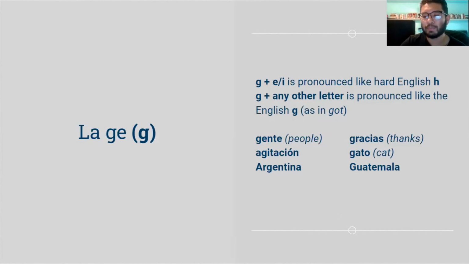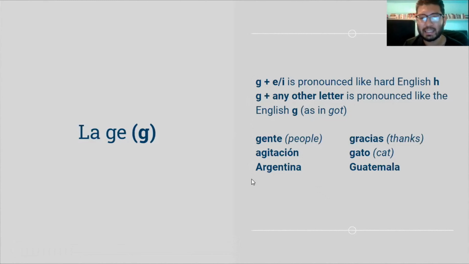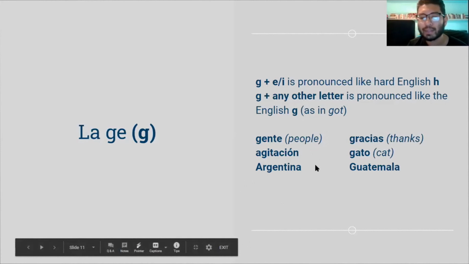So that's it for the letter G. Of course, there are many other examples of words that have this letter, but the two main rules that we need to follow are that if we have G next to E or I, we pronounce it as the English H. If we have G next to any other letter, we pronounce it as one variant of the English G, the variant that we see in a word like got. Gracias, gato, Guatemala. Muy bien.